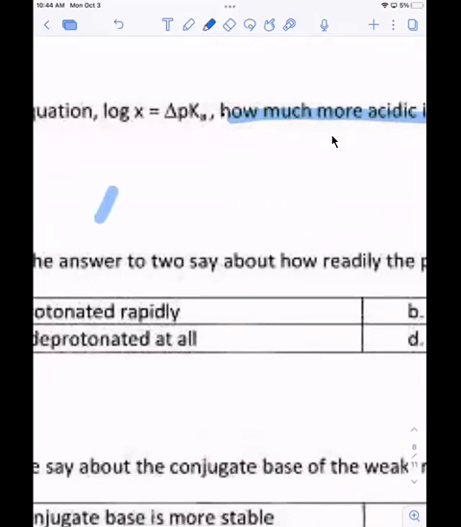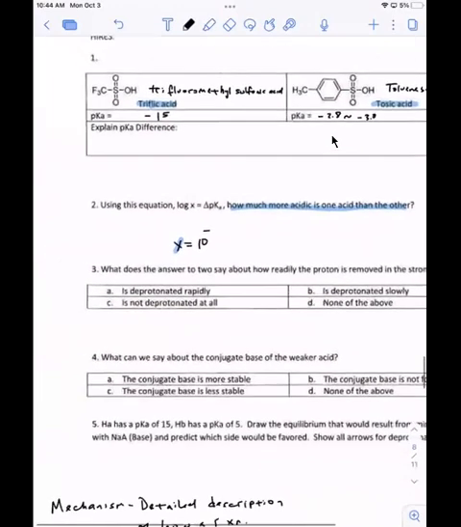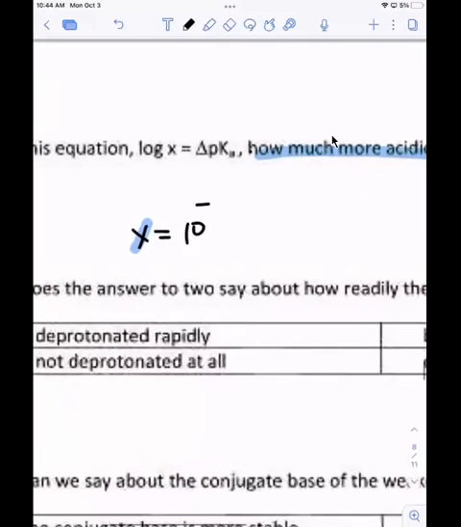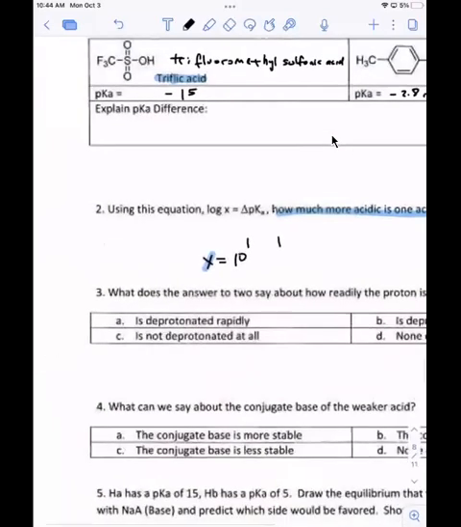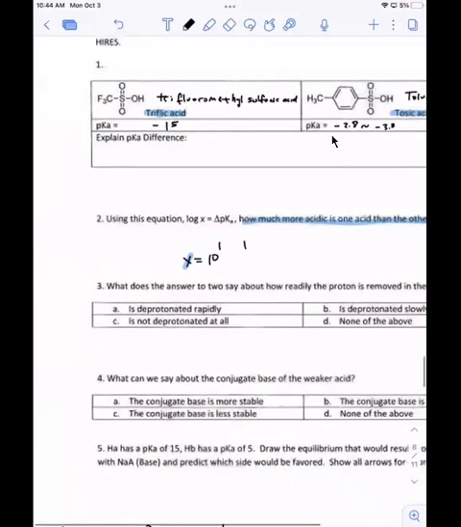We've got 6 minutes left. We can do it. It's 10 to the minus what? I'm sorry, not minus. It's the absolute value. What is it? Negative 15 to negative 3. As you can tell, they're both very good acids. They both react rapidly and spontaneously with water.